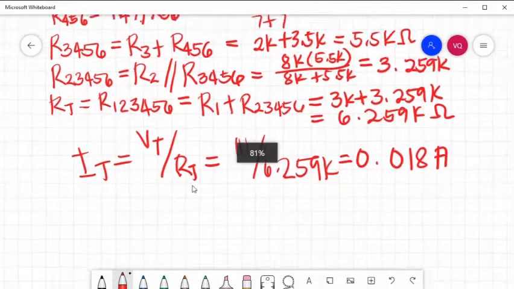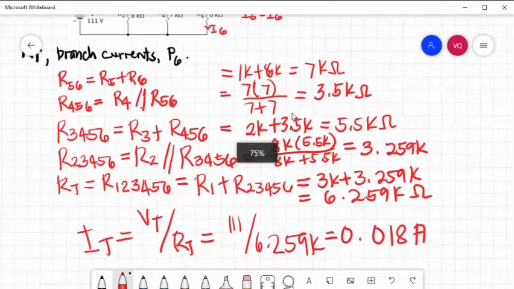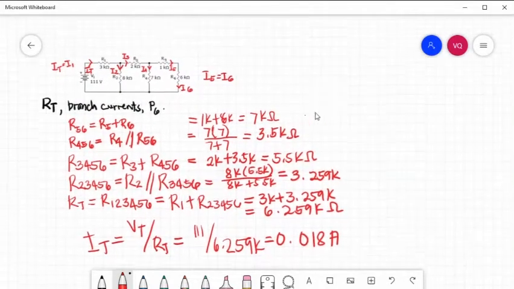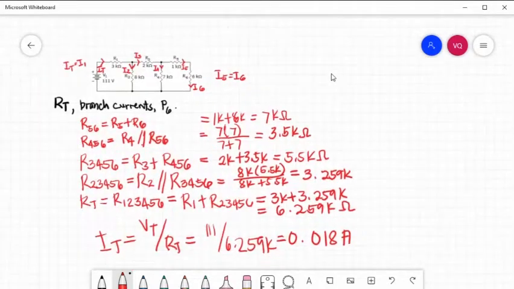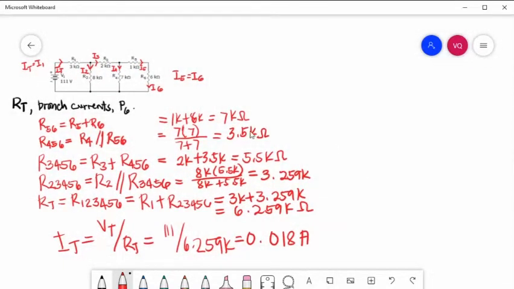This is the confusing part, the branch currents. So how do we solve for I2? Solving for I2, we will redraw the circuit.